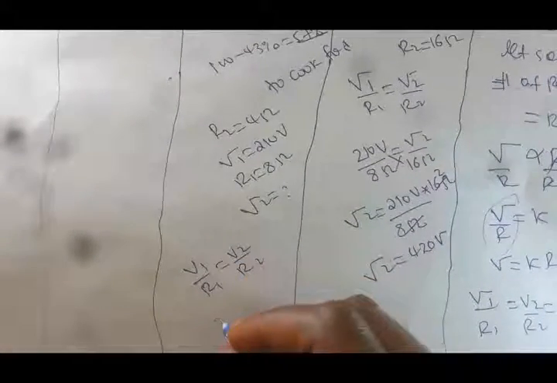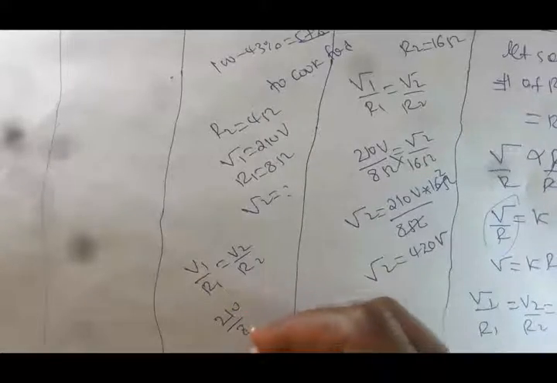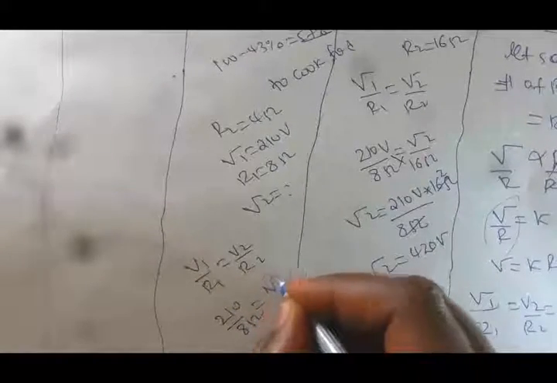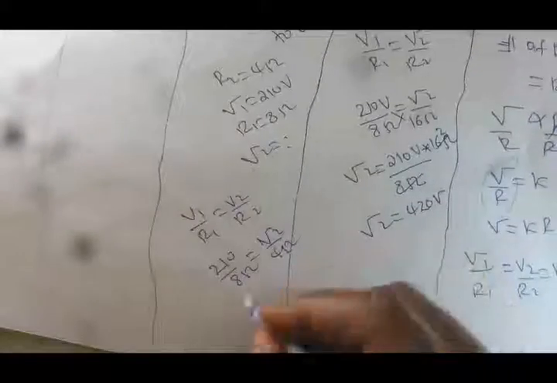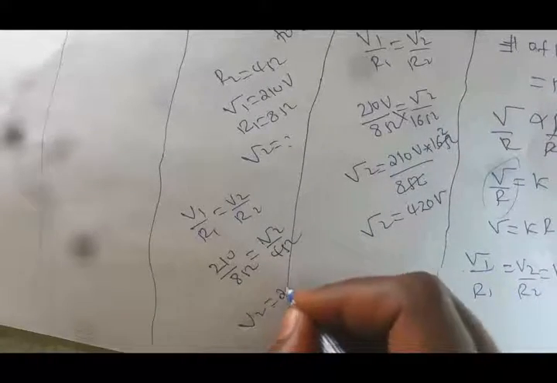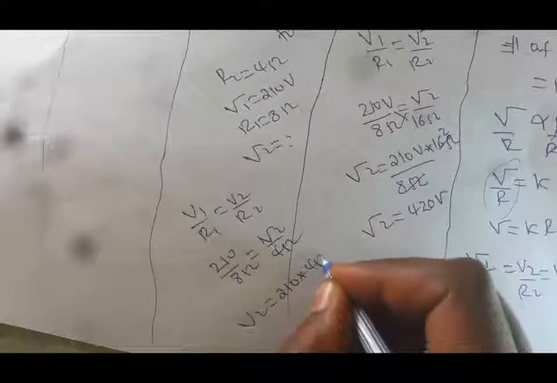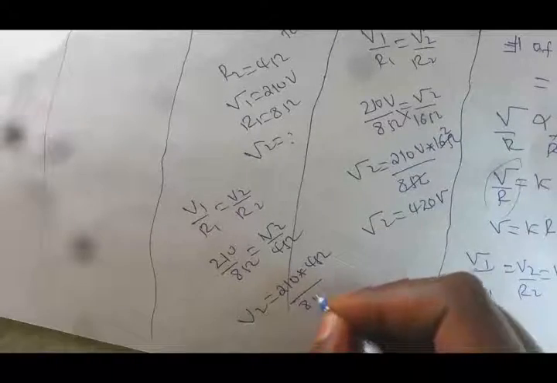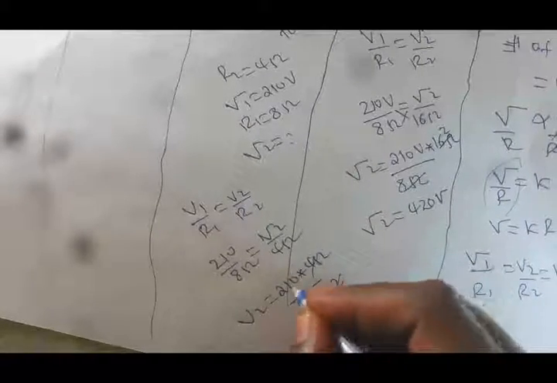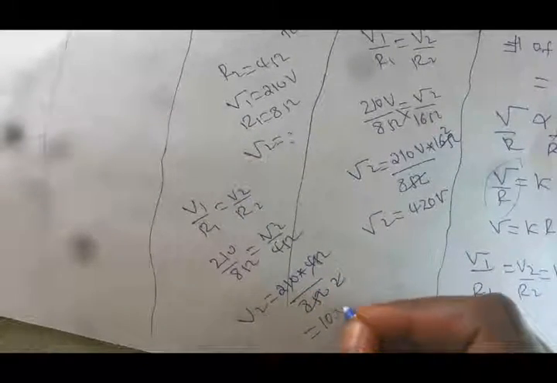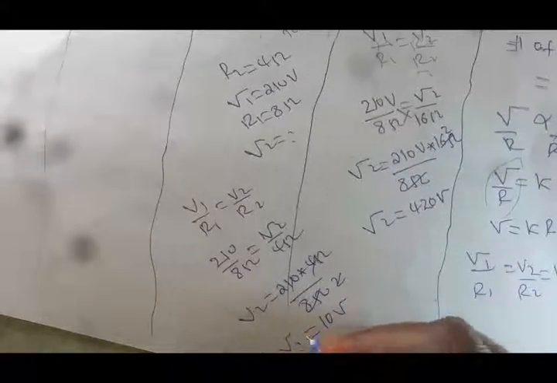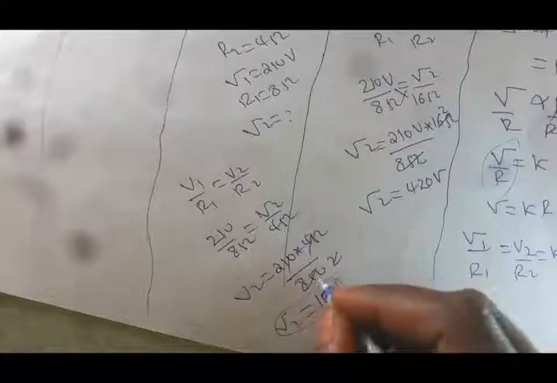Therefore 210 divided by 8 ohm is equal to V2 over 4 ohm. Therefore V2 is equal to 210 times 4 ohm over 8 ohm. This simplifies to 105 volts when the resistance was 4 ohm.